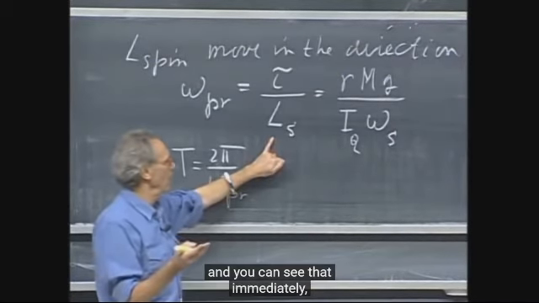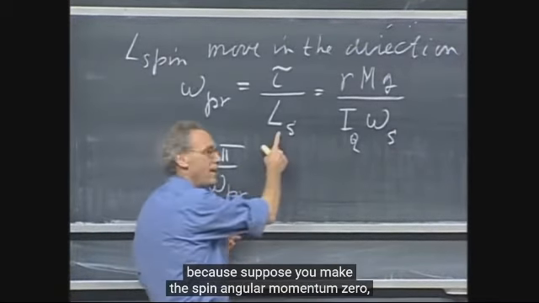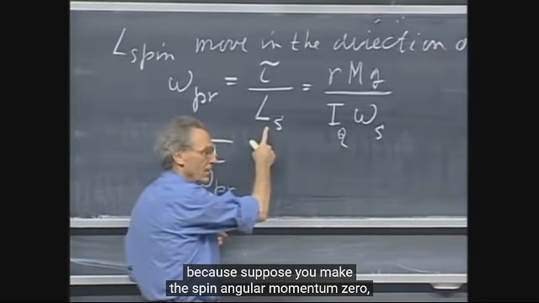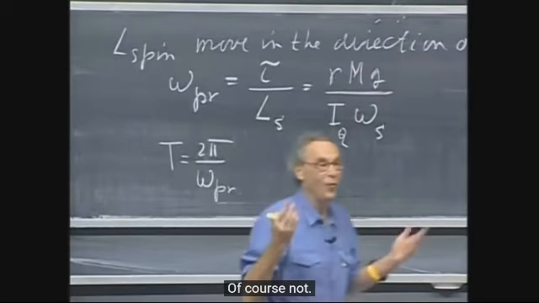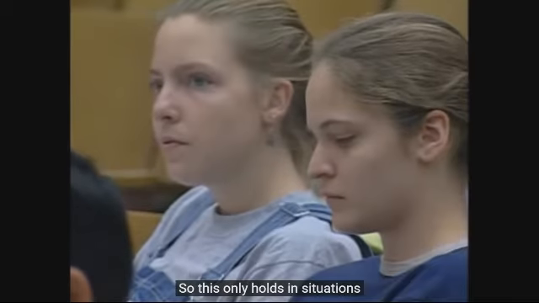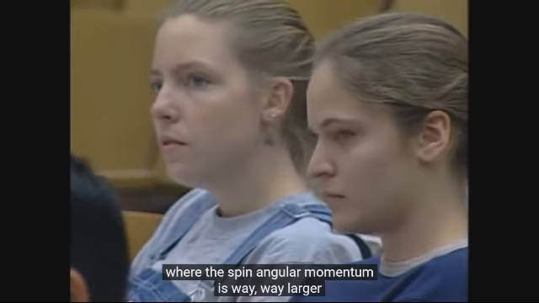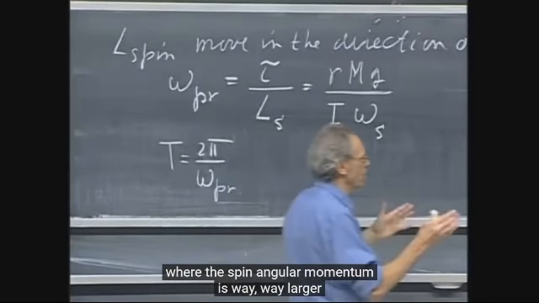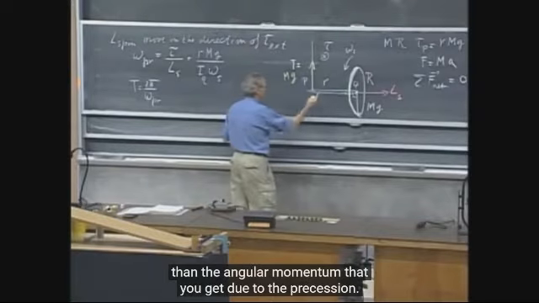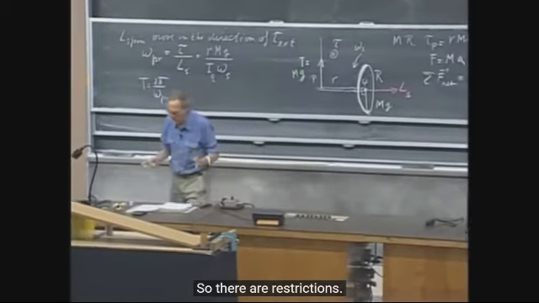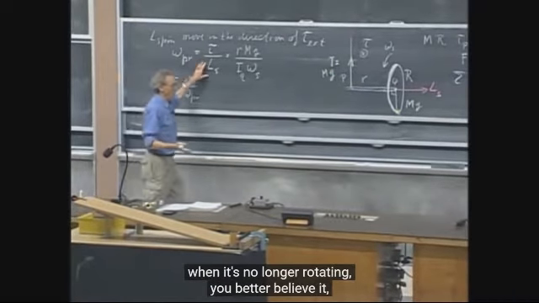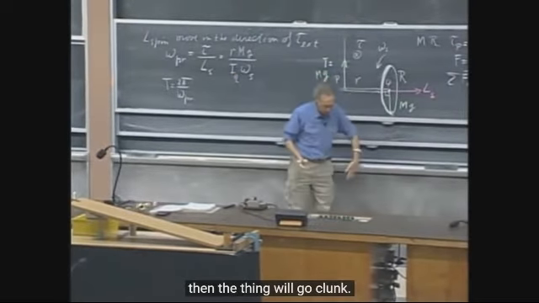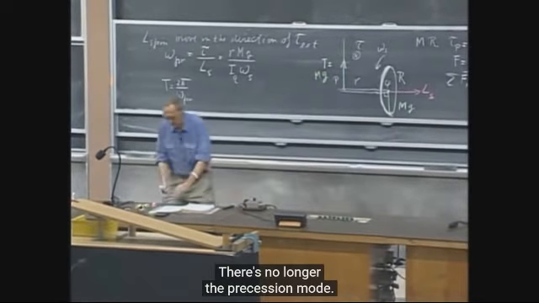You can see that immediately, because suppose you made the spin angular momentum 0, that it is not spinning at all. Do you really think that the precession frequency will be infinitely high? Of course not. So this only holds in situations where the spin angular momentum is way, way larger than the angular momentum that you get due to the precession. So there are restrictions. When the wheel comes to a halt, when it's no longer rotating, you better believe it, then the thing will go clunk. There's no longer the precession mode.